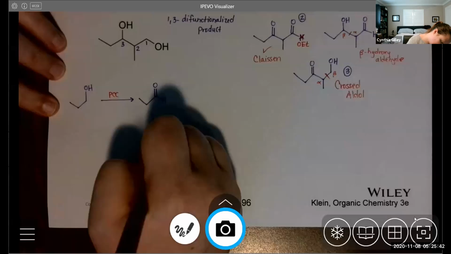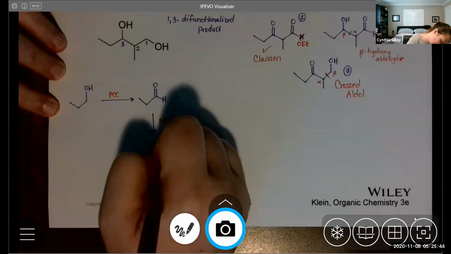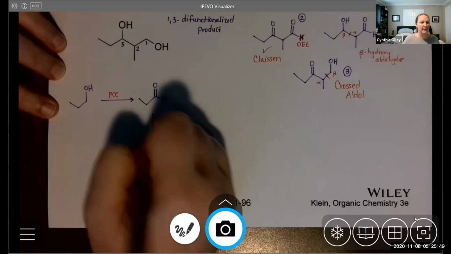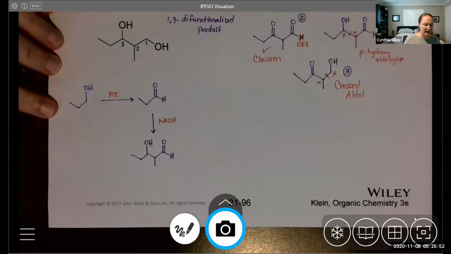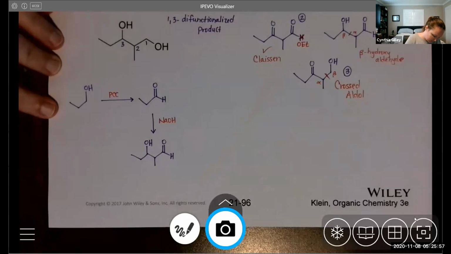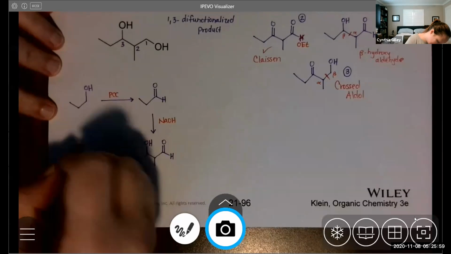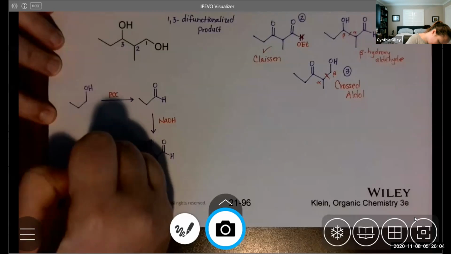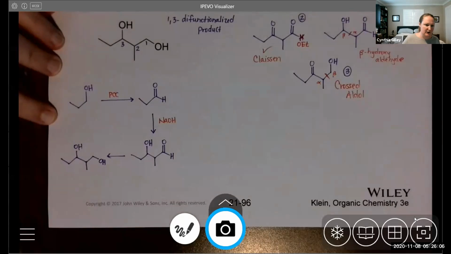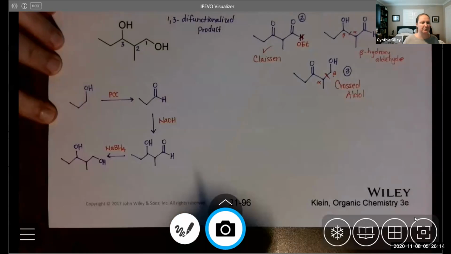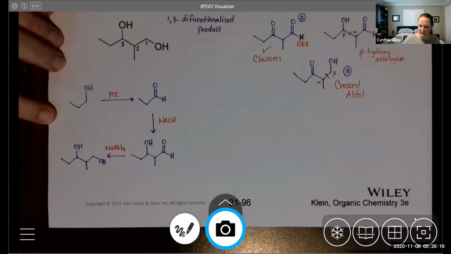That is going to produce the beta hydroxy aldehyde product. And from here, I just need to reduce this aldehyde to a primary alcohol to finalize the synthesis. So a reduction of an aldehyde to primary alcohol, you can use sodium borohydride or lithium aluminum hydride. Okay, so that's option number 1.